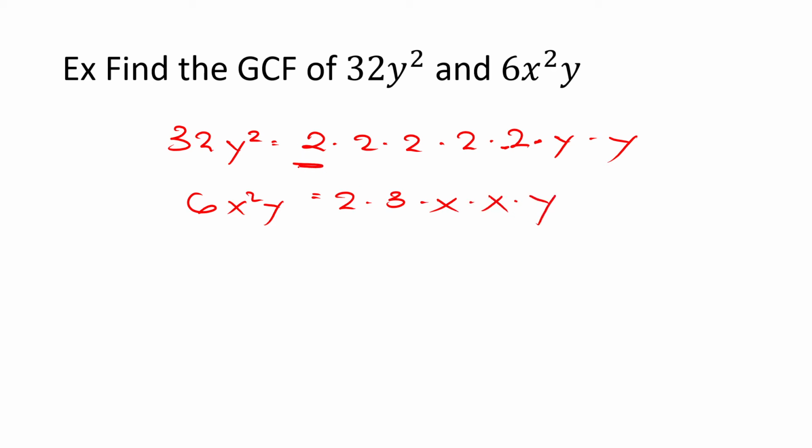So underline common factors 2 and y. So you count, list them, 2 and y. So your GCF is 2 times y or 2y.